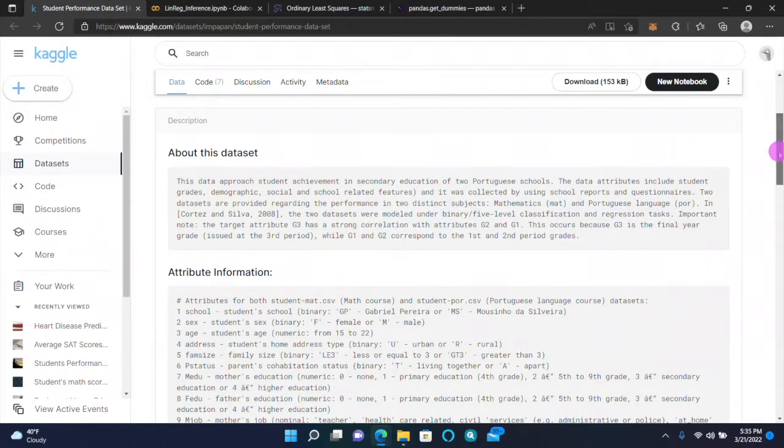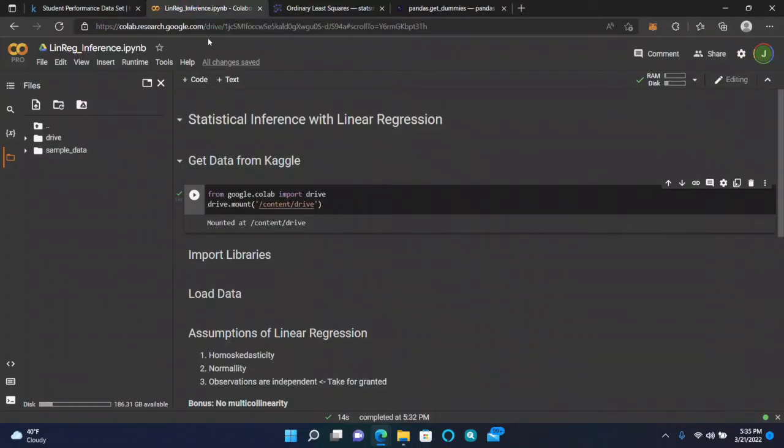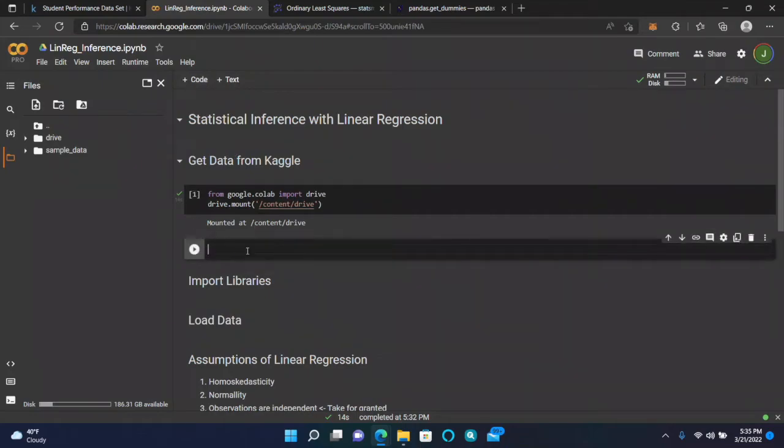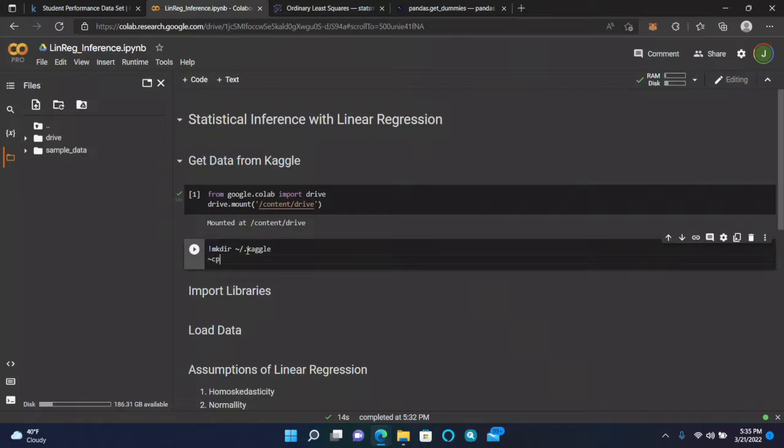But the first thing we need to do is get that data over here, and it's a little complicated to do that from Kaggle. No, it's not. It's real easy. Watch. You need to make a directory at the root called .kaggle, and then you need to bring in your kaggle.json API key, which I have saved in my Google Drive.